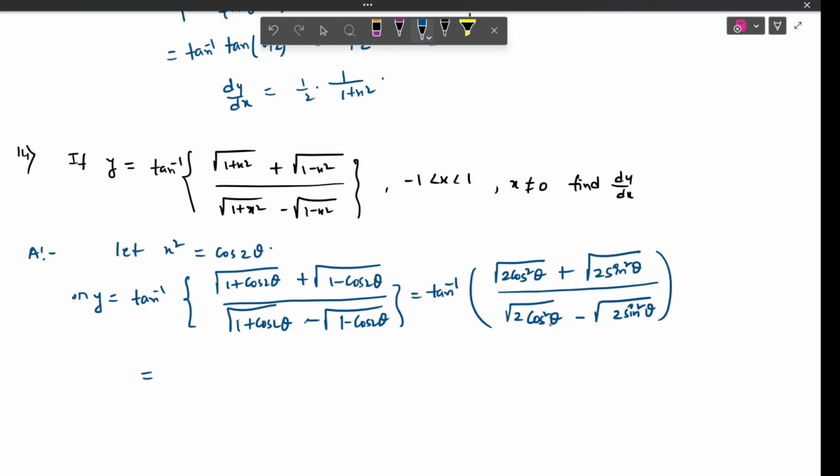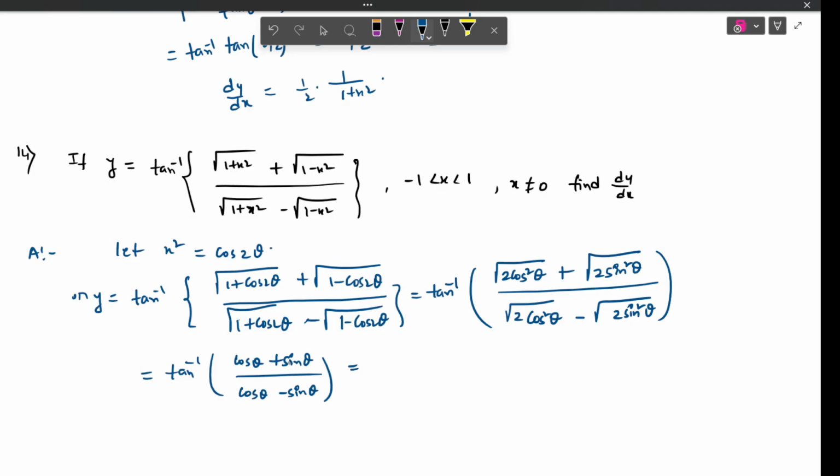If we take root 2 common from numerator and denominator, it will cancel out. Square root of cos square theta is cos theta, square root of sin square theta is sin theta. So we get tan inverse of cos theta plus sin theta by cos theta minus sin theta.